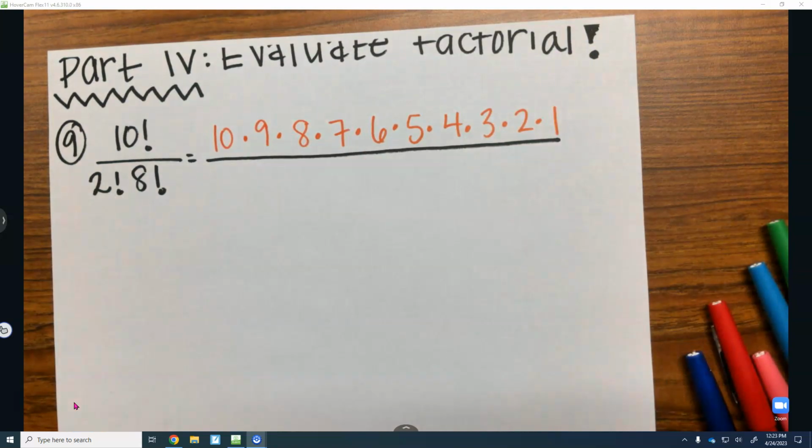And it's used for permutations to find all the possible combinations and probability. That's what factorial is used for. So there's the top expanded out. Let's go ahead and expand the bottom.